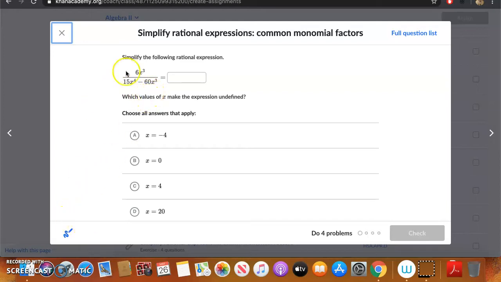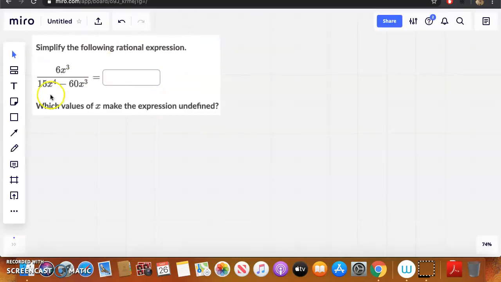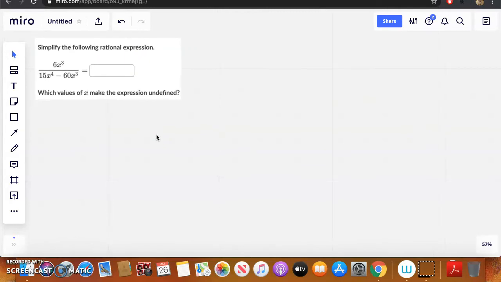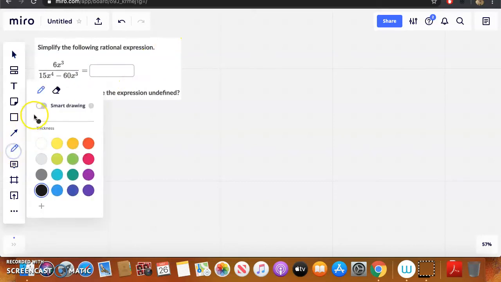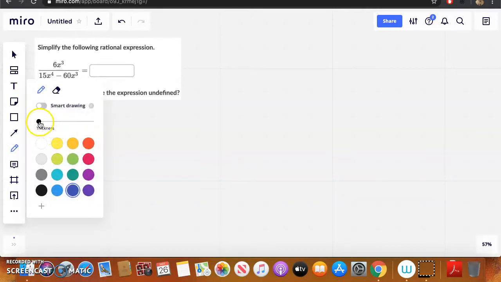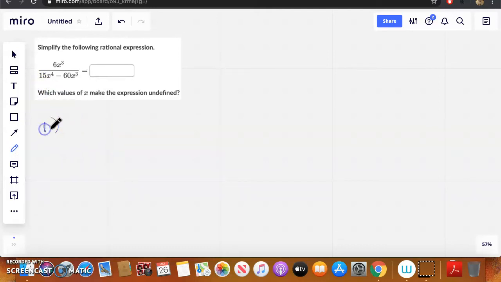Okay, so let's look over here. We'll do our work here because we have a lot more space than we do on Khan Academy. All right, so the first job is to simplify it. In order to simplify this expression, the first thing we have to do is to factor.